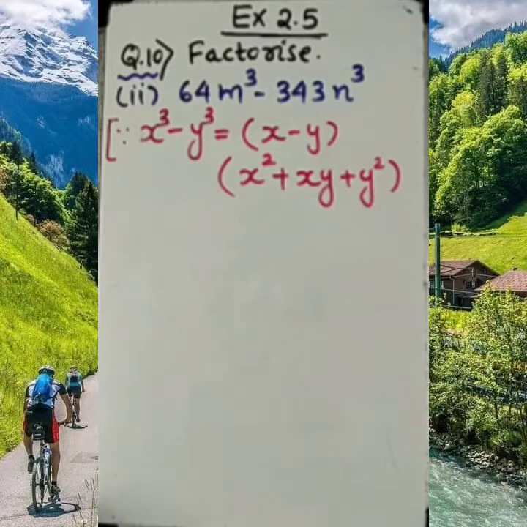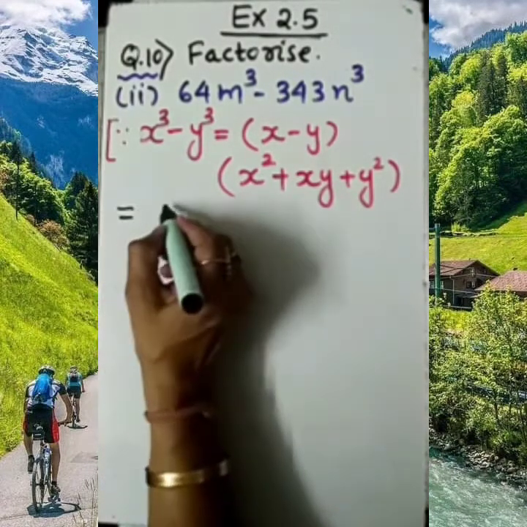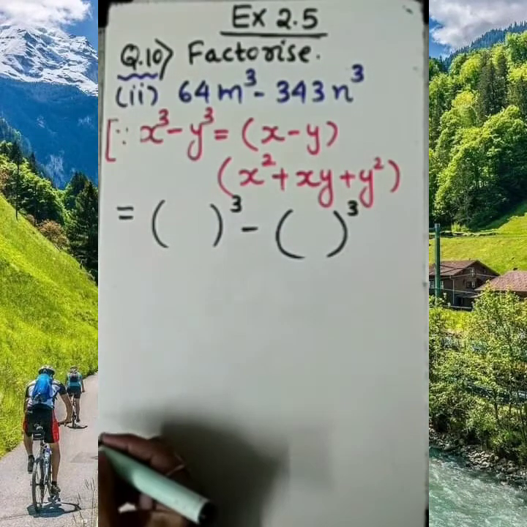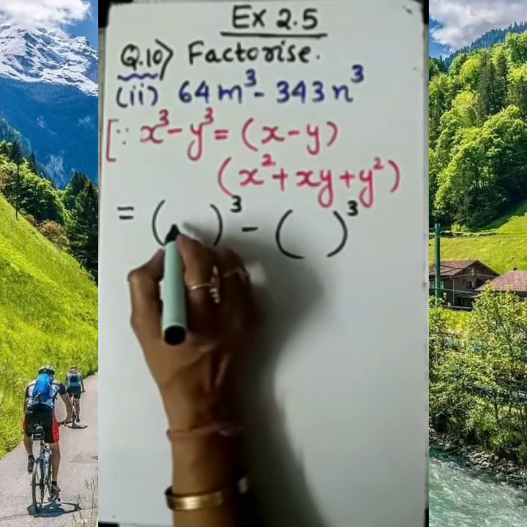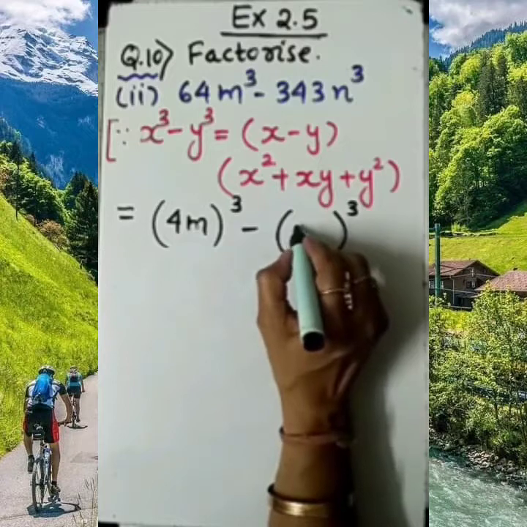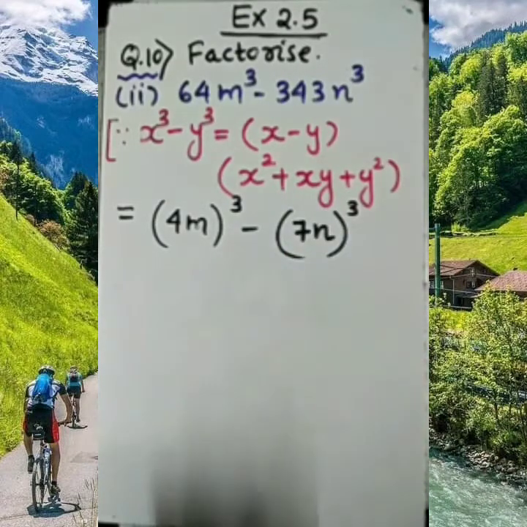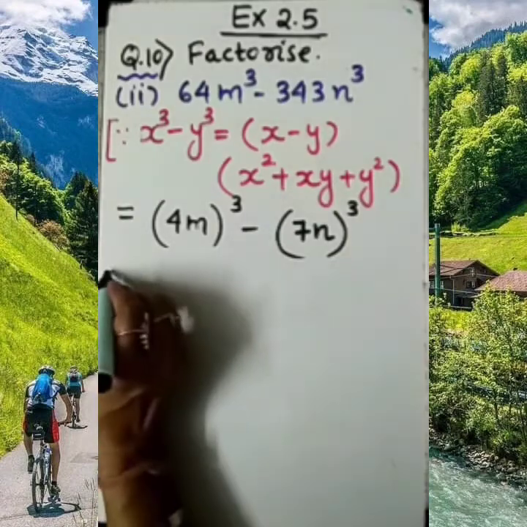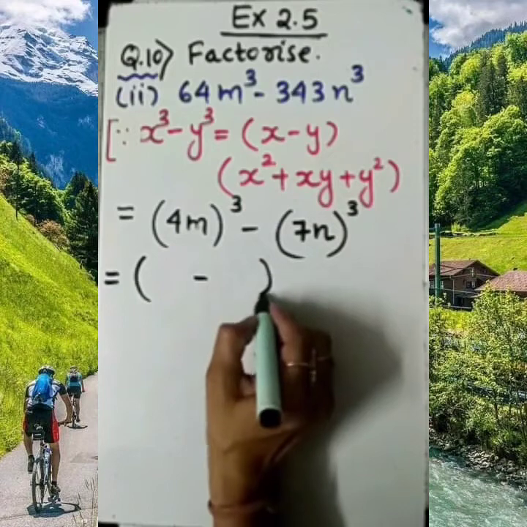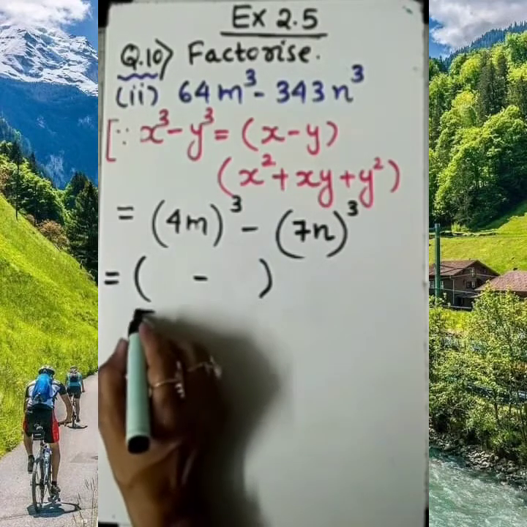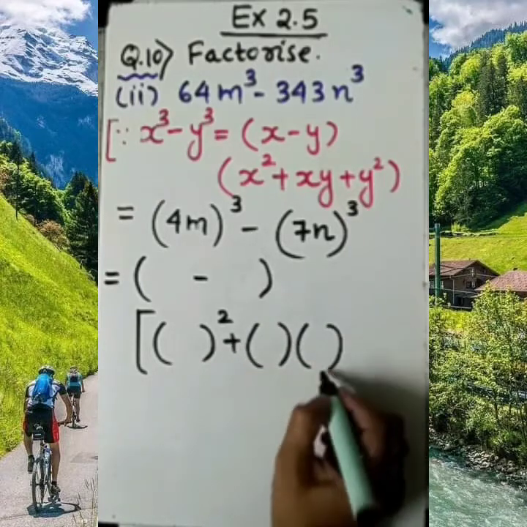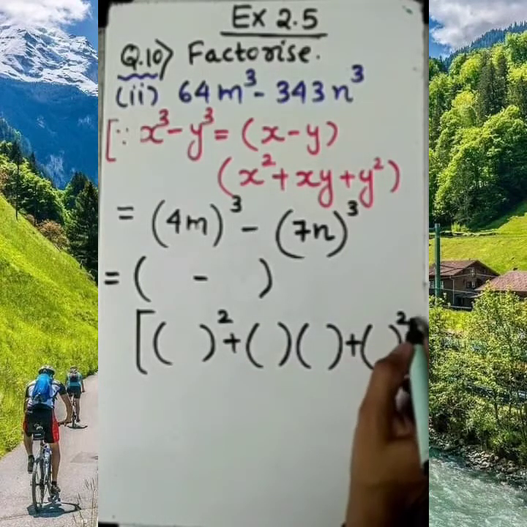Clear to you? Now, dear student, here we need to write the cube of the first term and the cube of the second term. What is the cube root of 64m cube? We know it is 4m, 4 into 4 into 4. 343 is the cube of 7, 7 into 7 into 7. So, according to this, if I write, then x minus y in one bracket, in another bracket x square plus x into y plus y square.